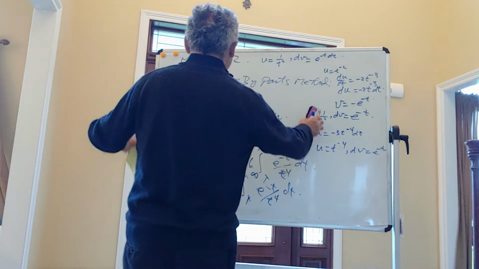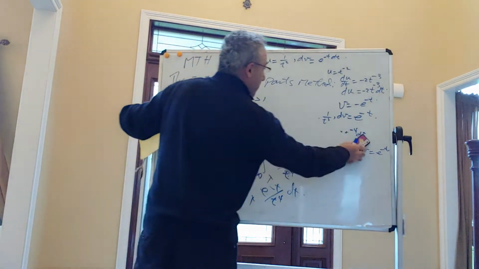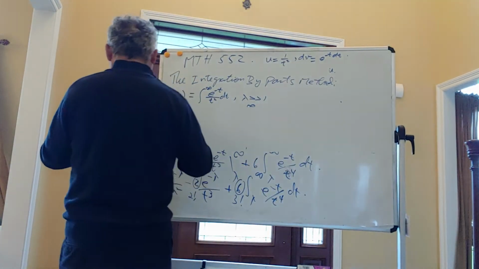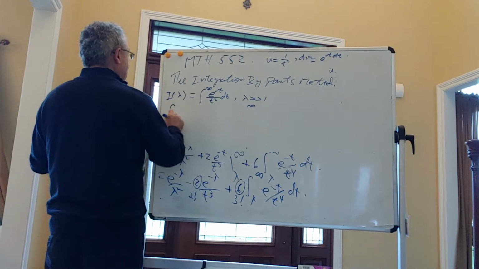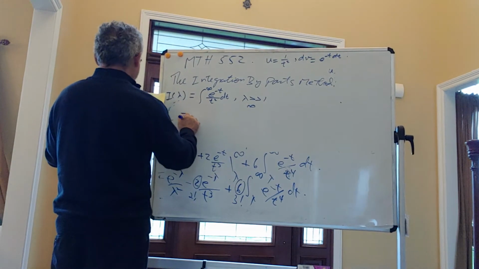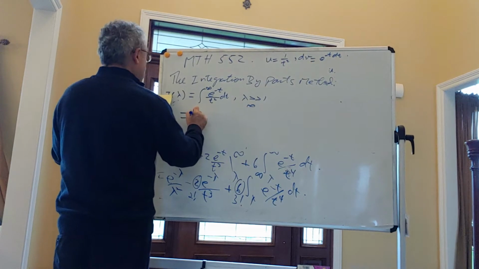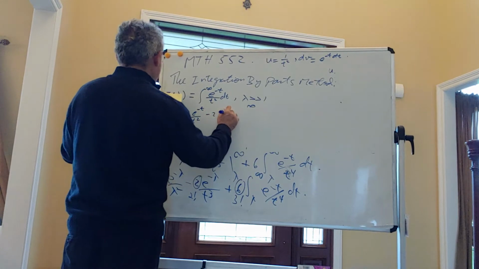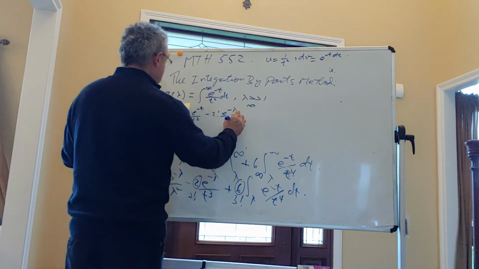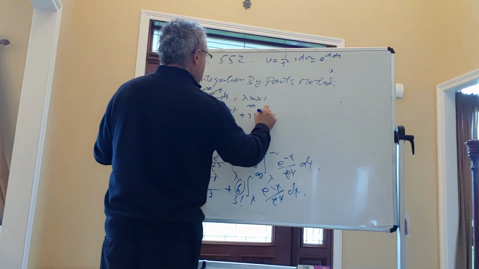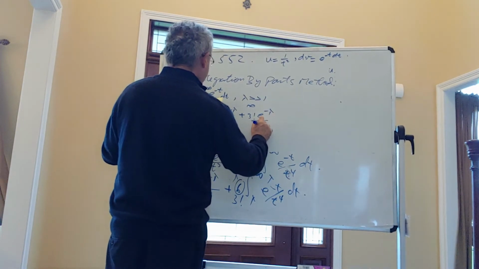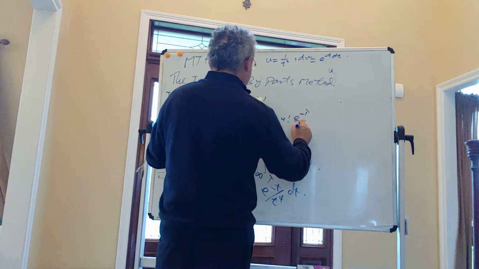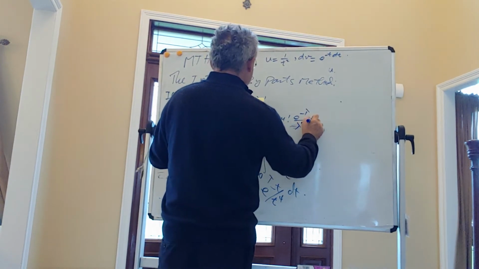And if you keep doing all that, you can easily show that I(lambda) equals e to the minus lambda over lambda squared, minus 2 factorial e to the minus lambda over lambda cubed, plus 3 factorial e to the minus lambda over lambda to the 4, minus 4 factorial e to the minus lambda over lambda to the power 5.